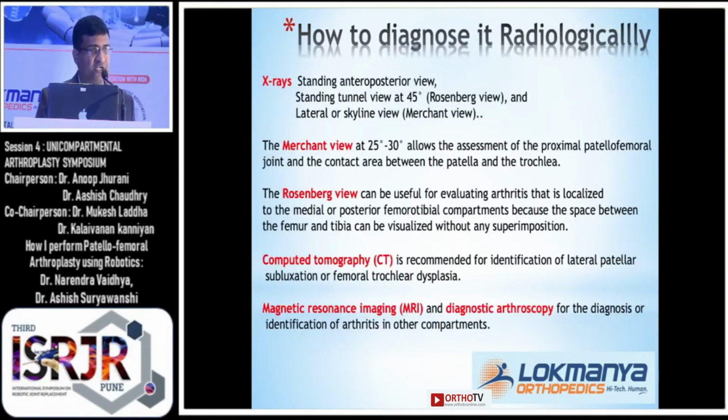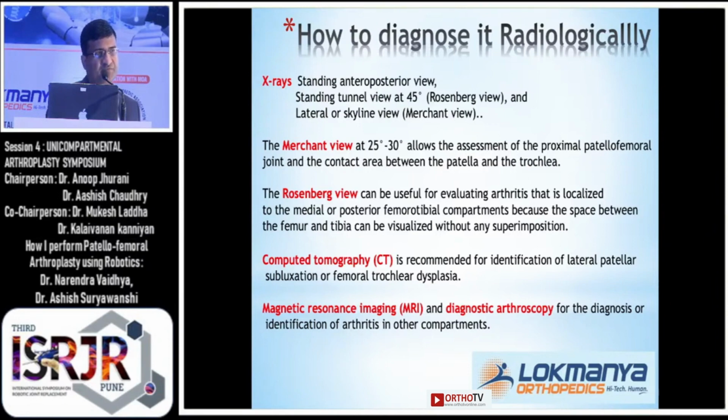In long-standing cases, we generally find quadriceps weakness. Radiologically, we need an X-ray. The most common view is the standing anteroposterior view, to rule out any other compartment involvement. Then the standard tunnel view at 45 degrees, called the Rosenberg view, which is to see the posteromedial tibiofemoral compartment.